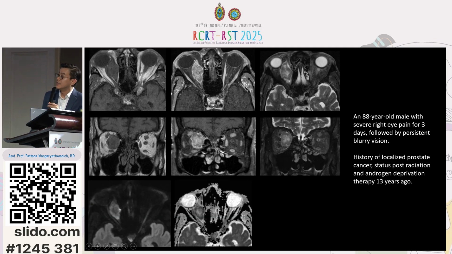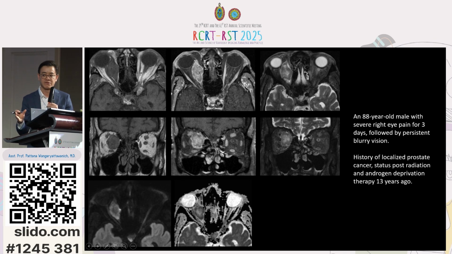Next, this is a pretty unusual case that I got. The patient is an 88-year-old man who has a long-standing history of treated CA prostate about 13 years ago. The initial diagnosis of his CA prostate was very localized disease, just invading around the prostate gland.